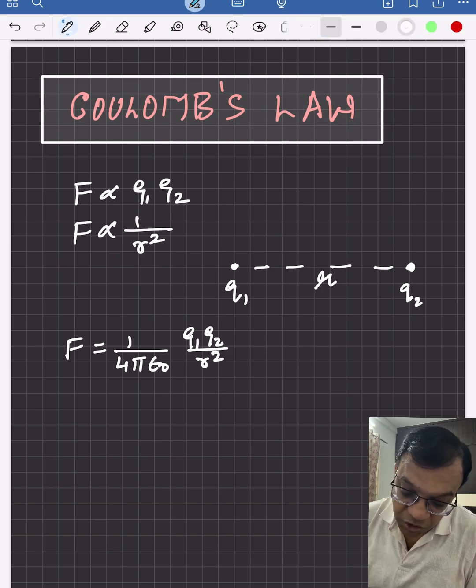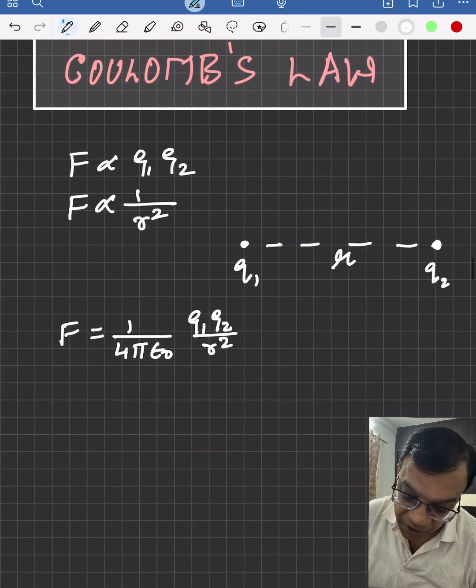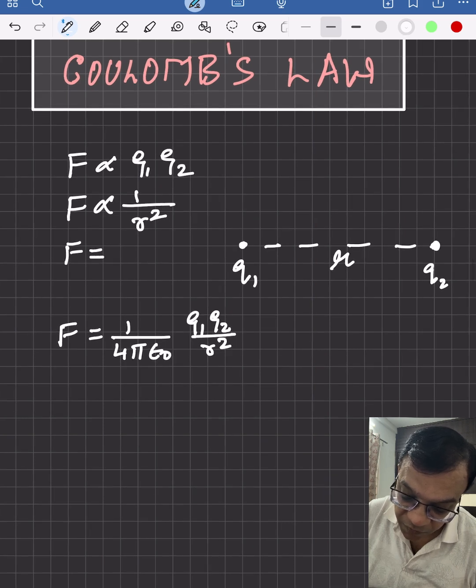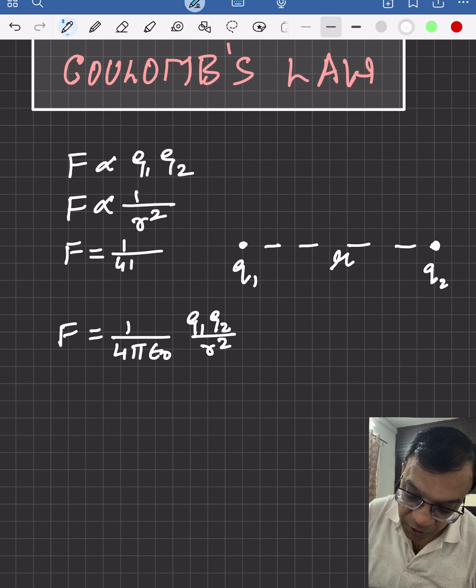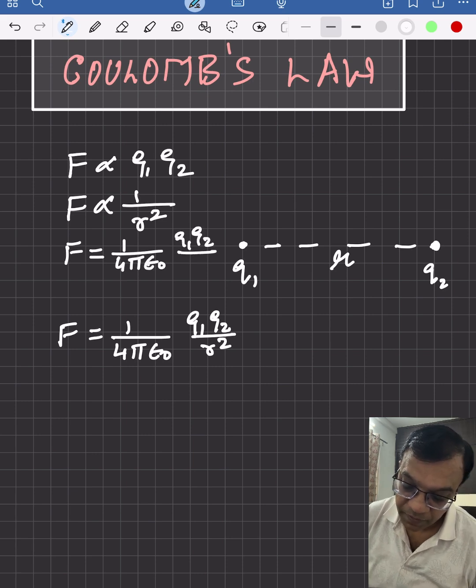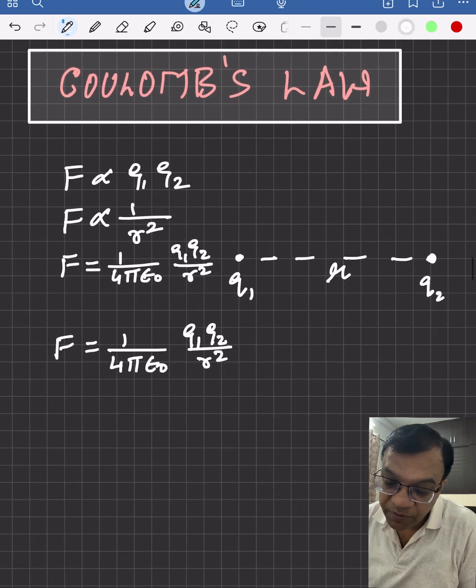When we combine these two, we have F is equal to 1 upon 4 pi epsilon naught Q1 Q2 upon r square.